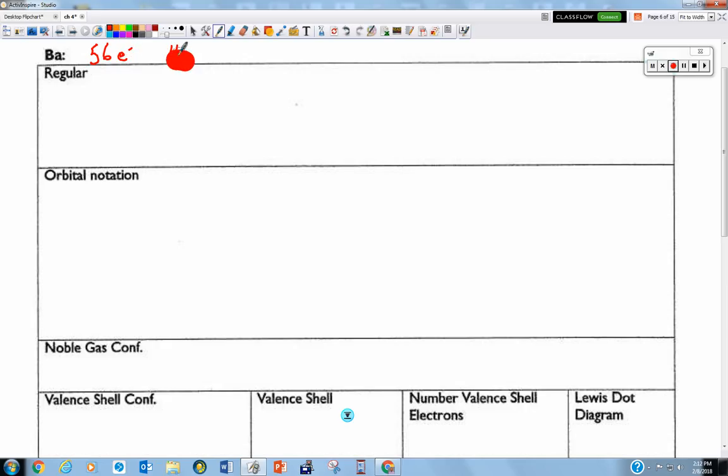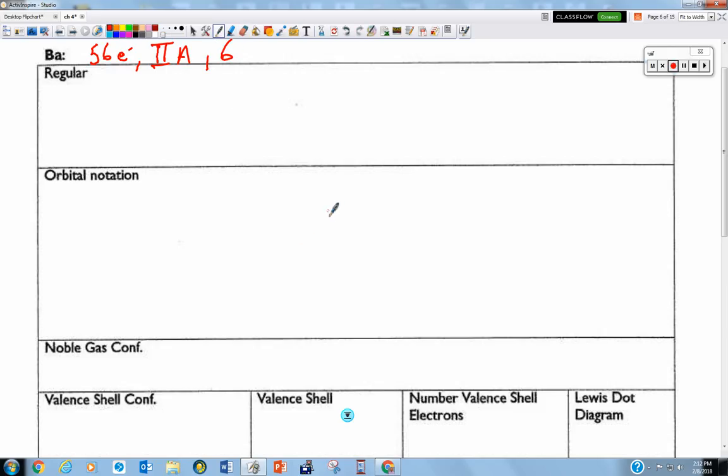Barium is in column 2A, and it is in row 6.